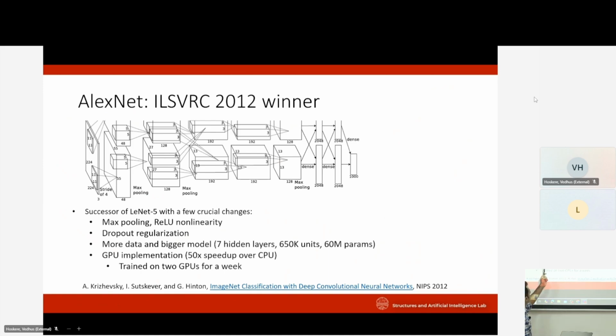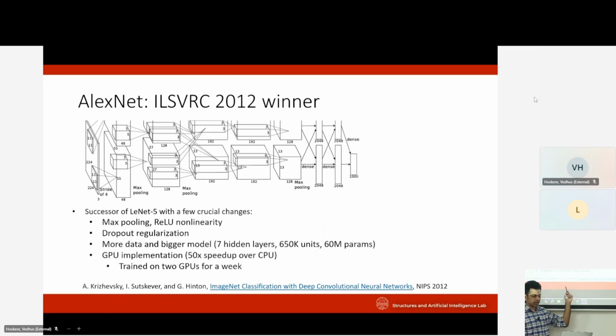So here, they were the first to implement it on a GPU, and they have two parallel paths which are both identical. The reason they had that is because they had two GPUs, and so they wanted to have one path on each so they can learn more parameters.